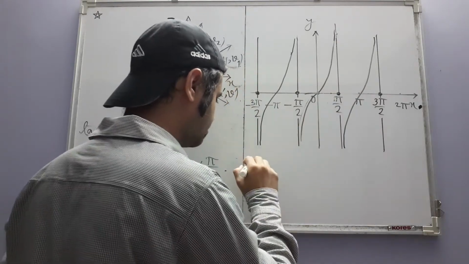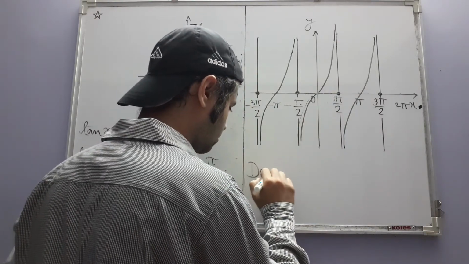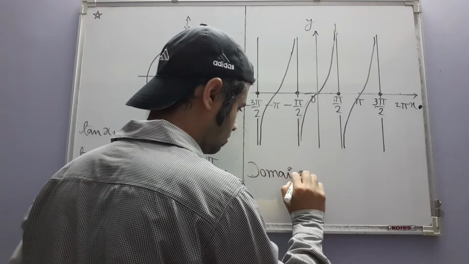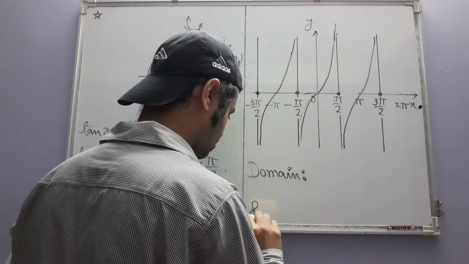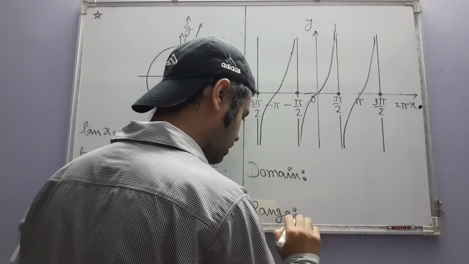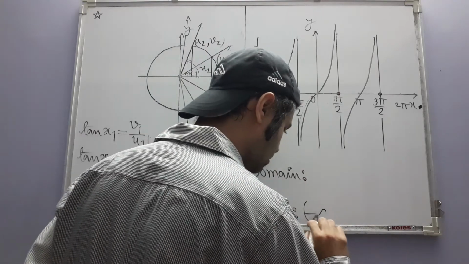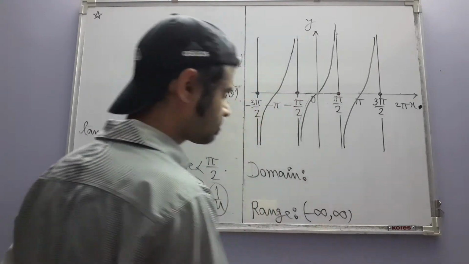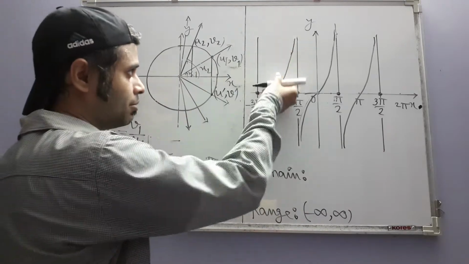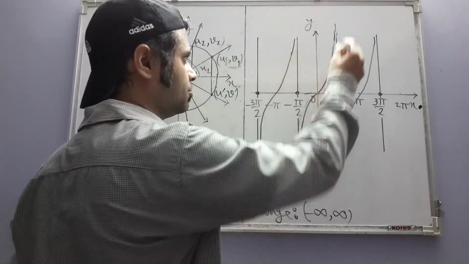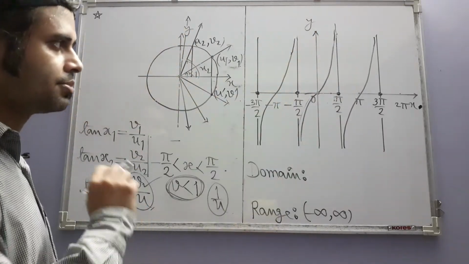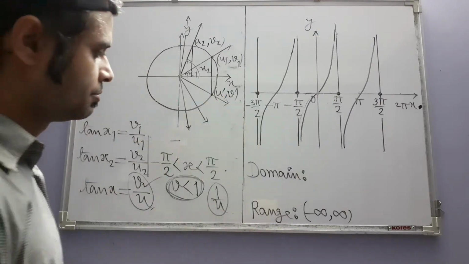And in fact, the range in this case is the entire set of real numbers, because all real numbers appear as outputs multiple times, infinitely many times in fact.